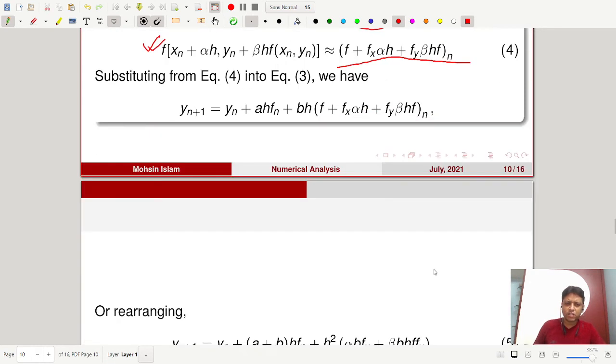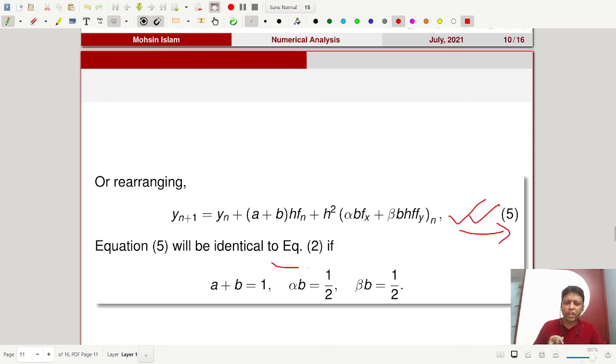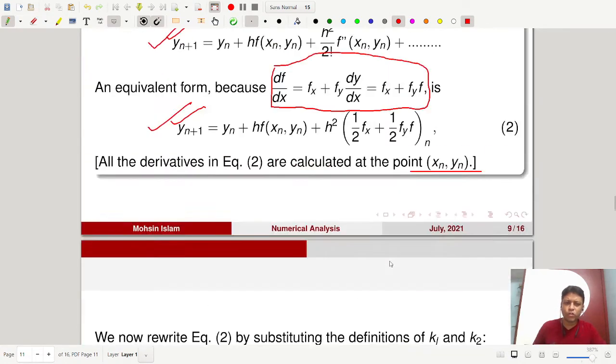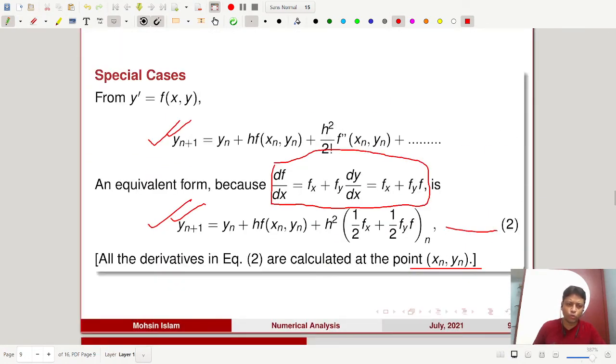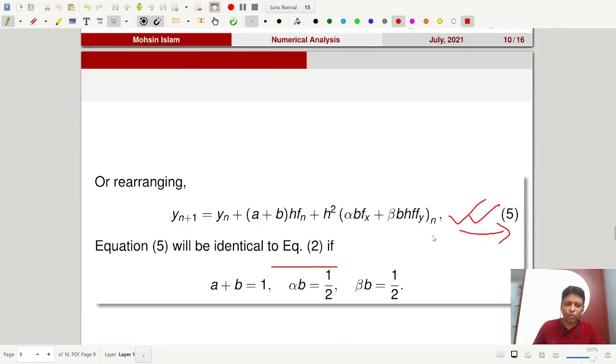Now on rearranging, you will have equation number 5. Now equation 5 will be identical to equation 2. What is equation 2? This is your equation 2, and you are rearranging, what you get is equation 5. Now you compare these two.